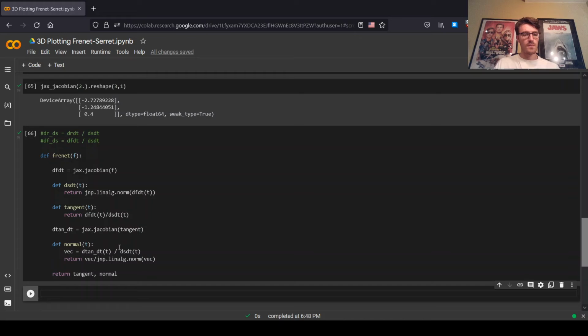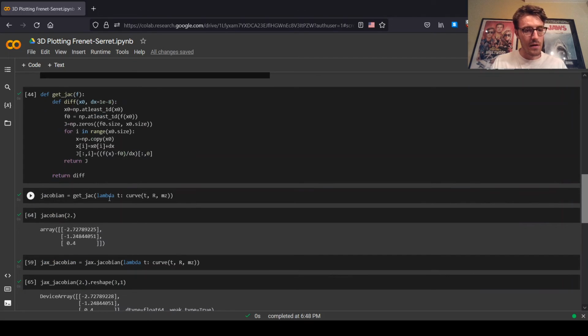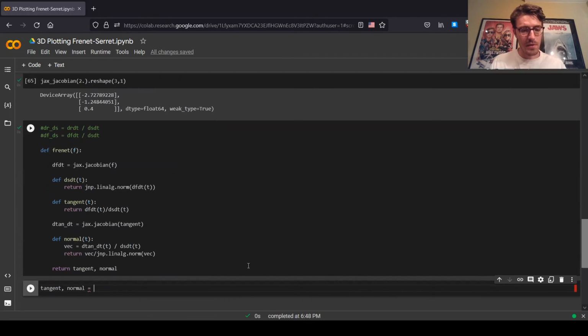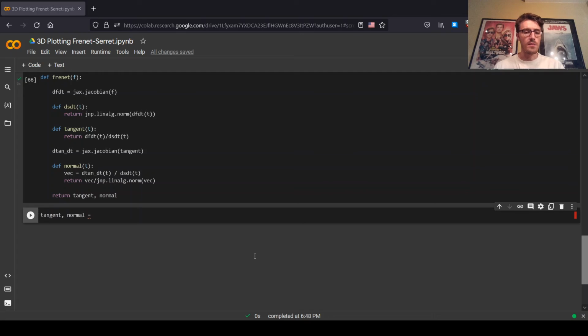So let's see what happens if we store those into variables, using our curve. Given that this function returns tangent and normal, we can store those exact return values into their own respective variables. So we'll use our Frenet function using, again, the curve, similarly to up here, where we'll supply our curve to the function.